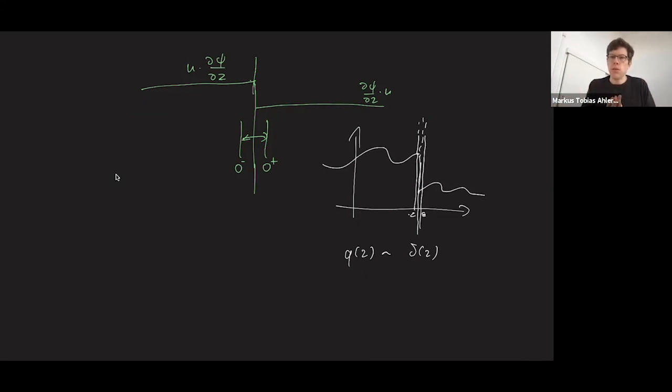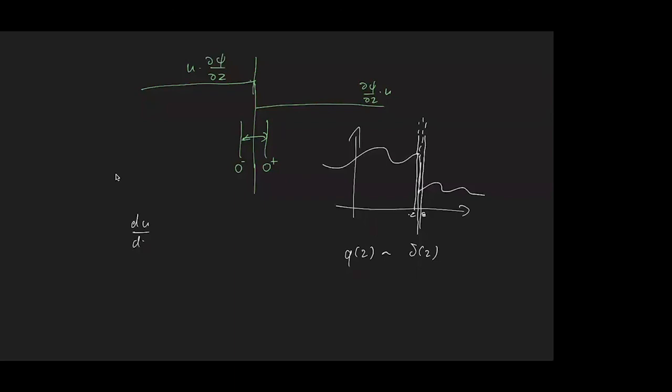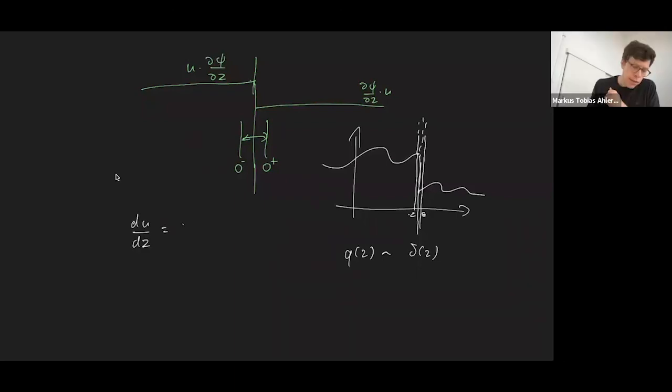And also the second term that contributes is du over dz, which is basically the difference of u2 over u1 times delta z. This will also give us always a fixed contribution regardless of the size of epsilon here. But as long as the function is less than infinity, yeah.